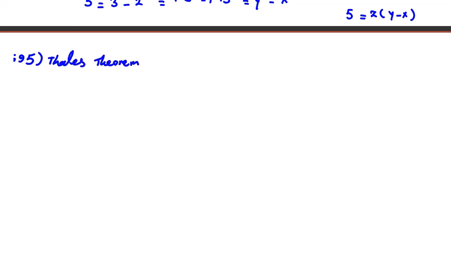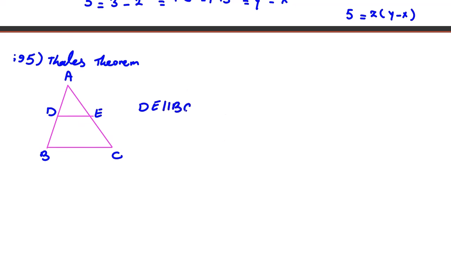Thales's theorem is what? We can say somehow application of similar triangles. When this one is parallel to this one, it is A, B, C. It is D. You can say D is parallel to, or let's write it here. D is parallel to BC.